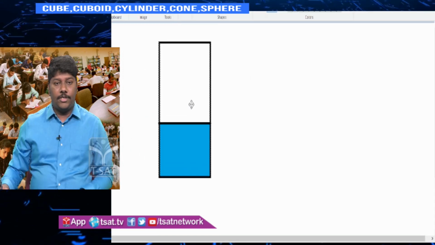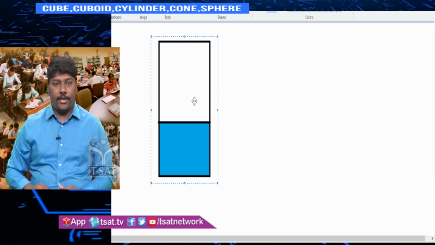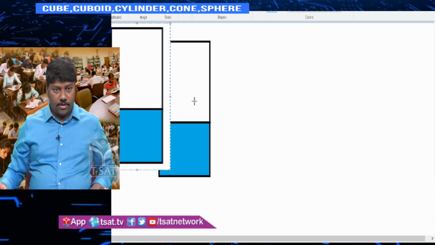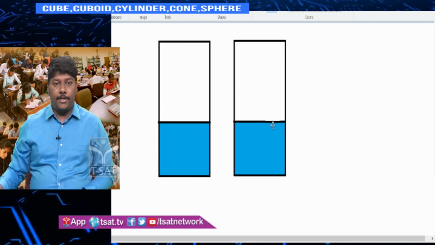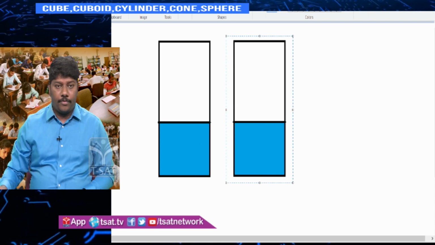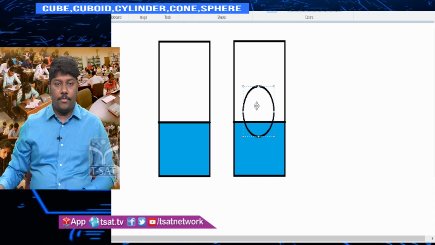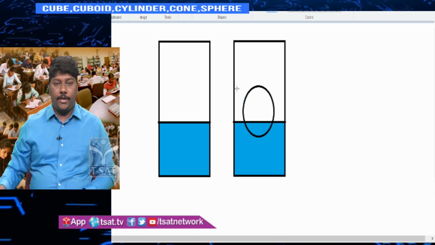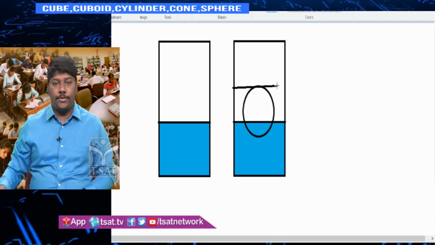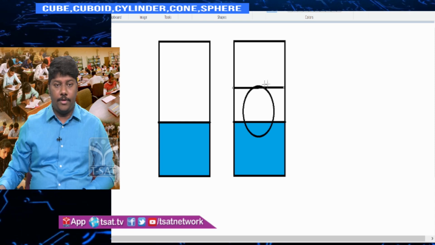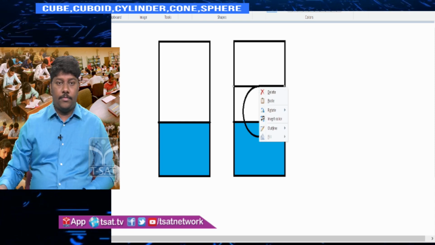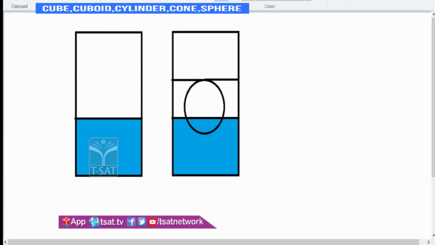So, a cylinder which contains certain water in it. I am taking the same cylinder and I am putting a sphere inside it. Automatically the water level will increase. The rise in the water level is also in the shape of a cylinder only.